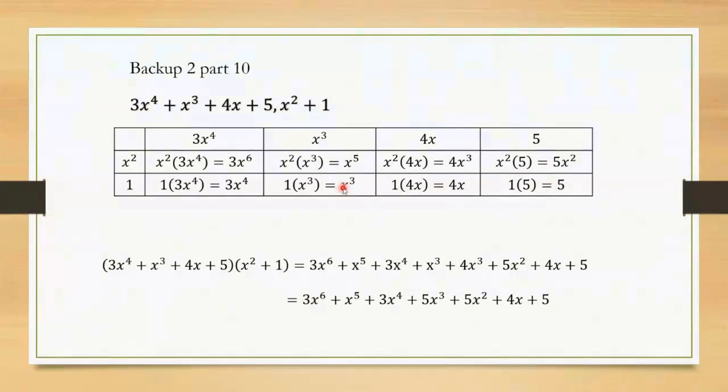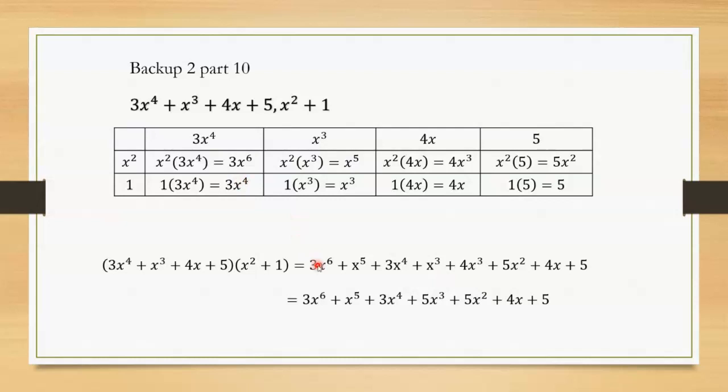What you could do, I didn't do it here, is cross out terms once you write them down in the product, so you don't write something twice. The column and the row terms you don't write down, of course.